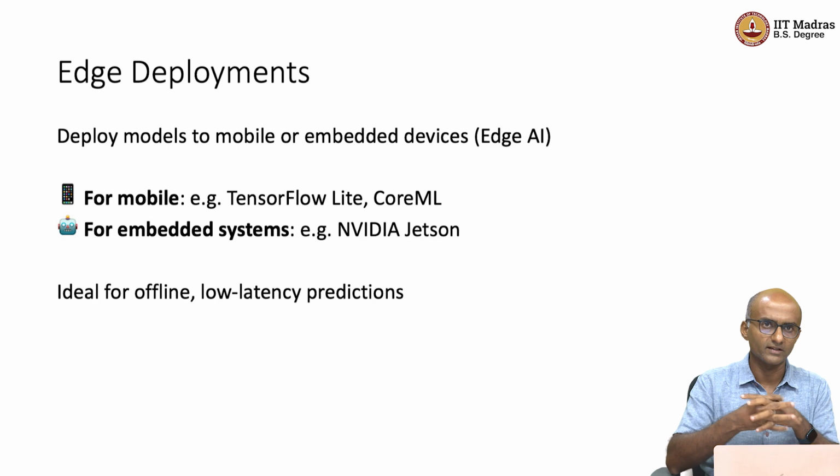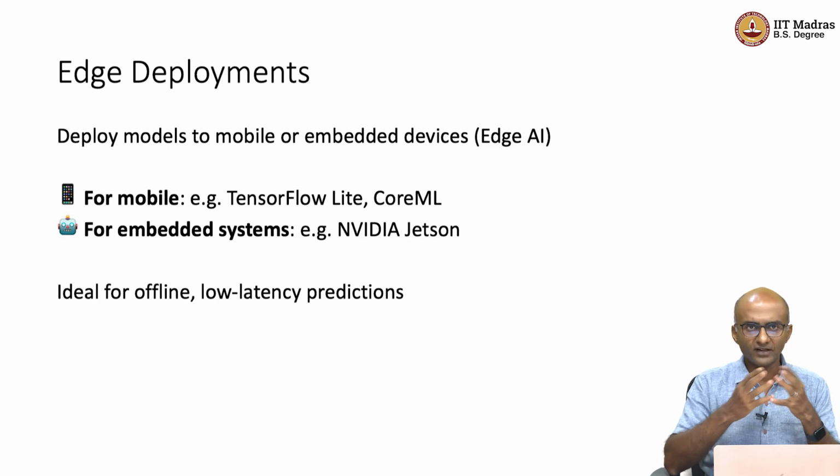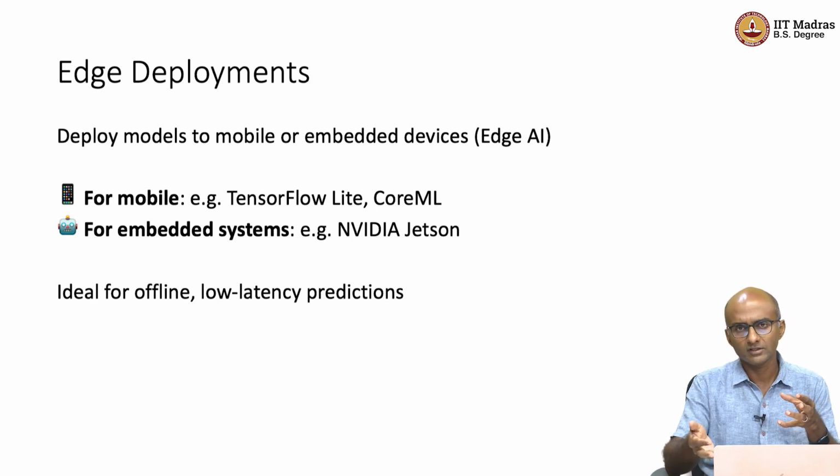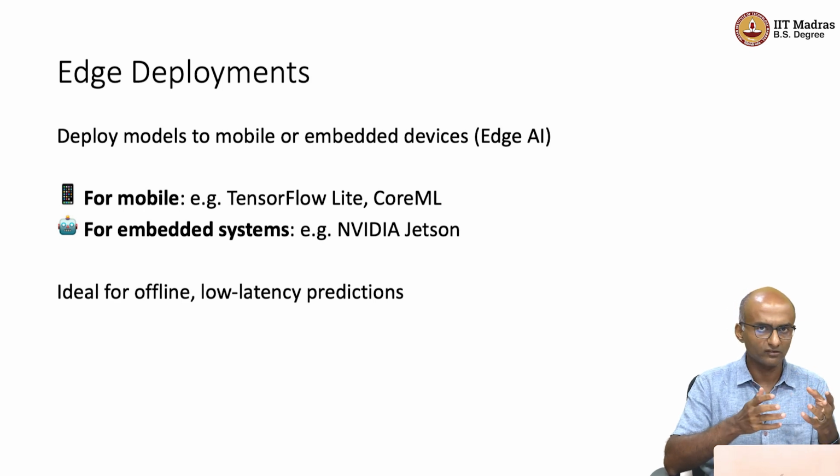That's recording me at this stage. So in those kinds of systems, you need additional software which allows you to work with the model that you've deployed. So for instance, for mobile-based inferencing, TensorFlow ships with a version of itself which is conducive for mobile-based executions, which is called TensorFlow Lite.